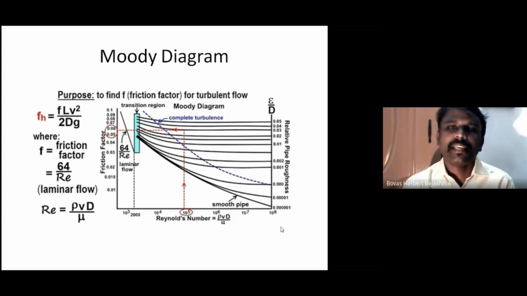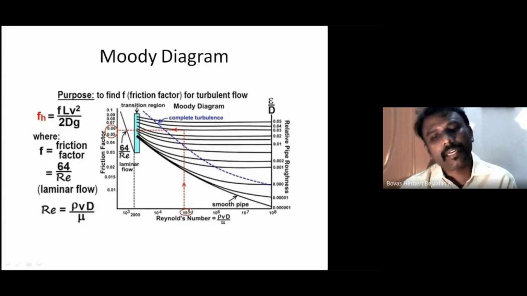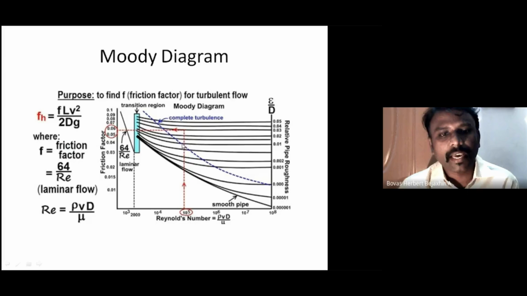Using the Reynolds number value, for example here I mentioned 10 power 5 as the Reynolds number, what is the corresponding value of friction factor for a relative roughness of 0.03?